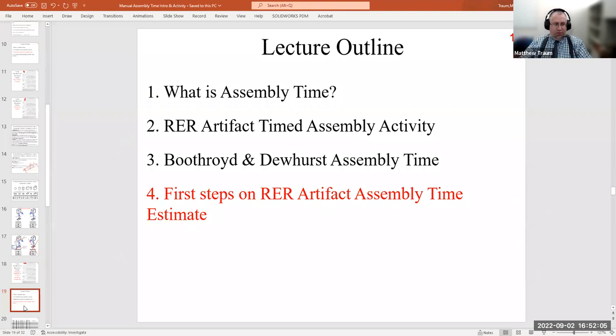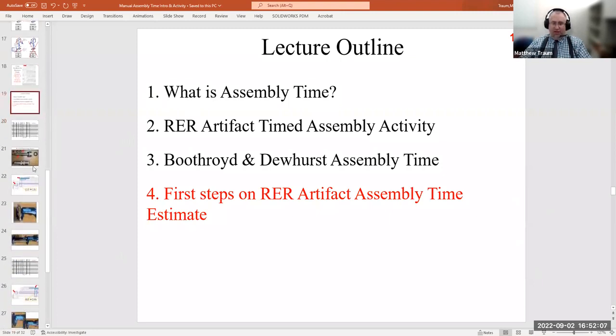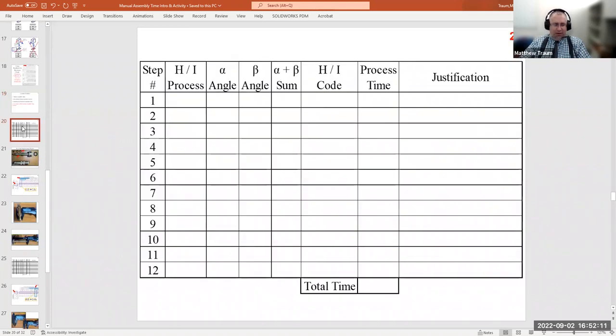I want to walk through one example to show you how this works. We did start about 5 minutes late, so I might go a minute or two over. We have here an assembly time template, all of it except for the handling and insertion code, which I'll explain in a second.